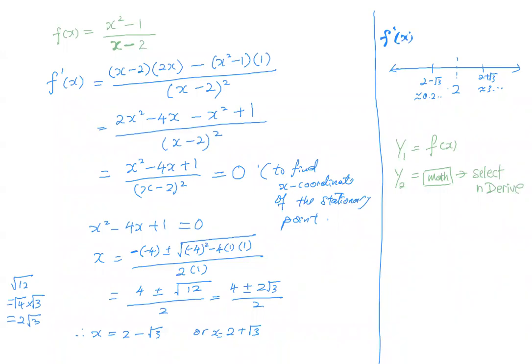After you select derive, the y2 will come out like that, correct? So what you need to do, you type in here x, type in here y1. You should know how to call out your y1 now. How to call out: alpha trace.